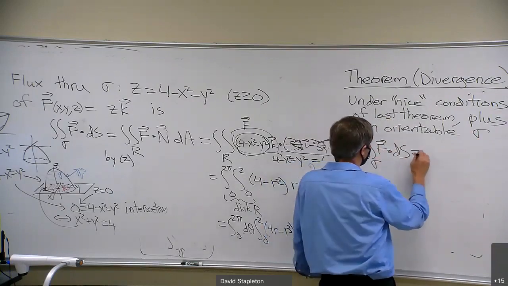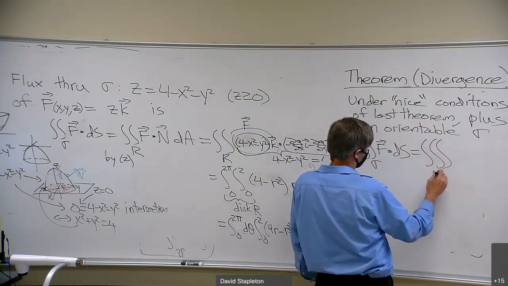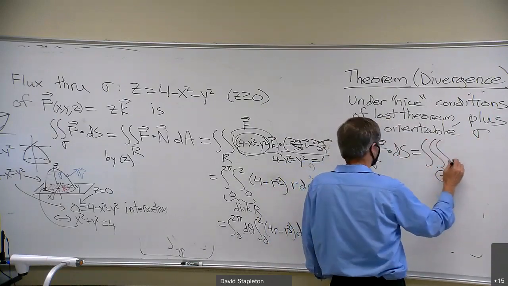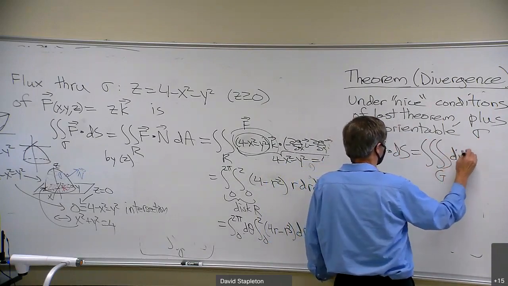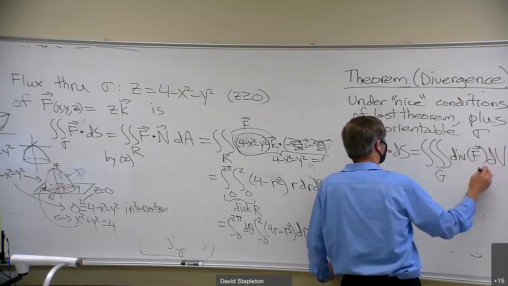over the surface sigma. It can actually be done as the triple integral over, I guess the book calls it G, of the divergence of F. Remember, we did divergence and said, what are we ever going to do with that? Now we finally get it.